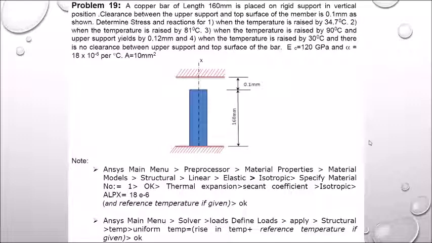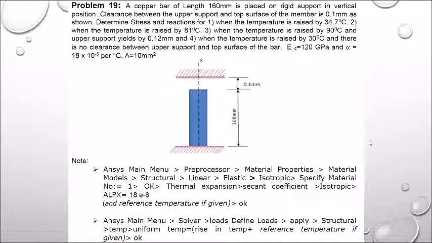And problem number 19. A copper bar of length 160 mm is placed on rigid support in vertical position. Clearance between the upper support and top surface of the member is 0.1 mm as shown. Determine stress and reaction for four cases. First case is when the temperature is raised by 34.7 degrees Celsius. Second case is when the temperature is raised by 81 degrees Celsius.